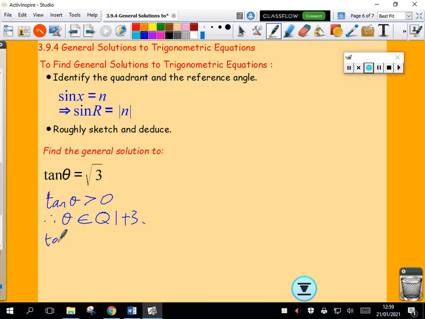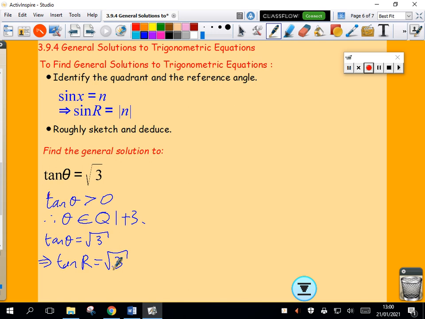Reference angle, well, if tan of theta is equal to root 3, well then the tan of the reference angle is the absolute value of root 3, which is root 3. You should know that. If you don't, just take your calculator, type in tan inverse of root 3, and we get 60 degrees.